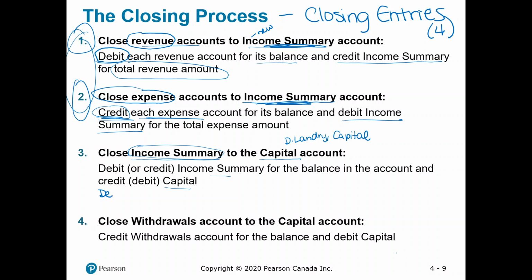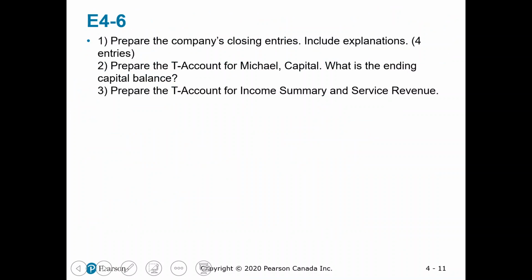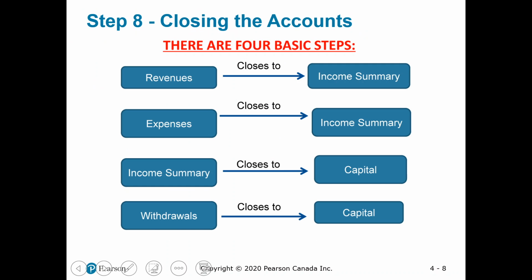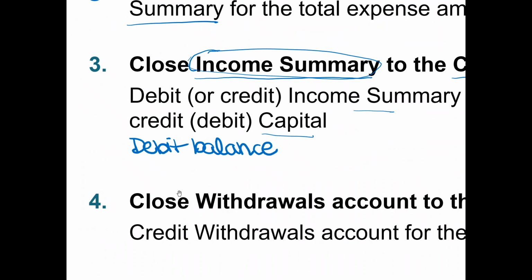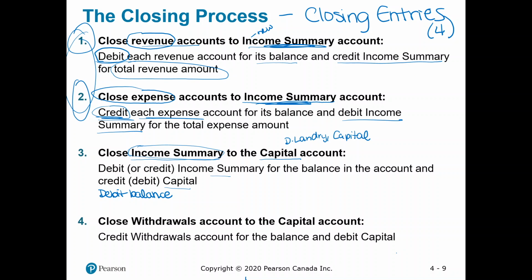So if there is a debit balance in the income summary after entry number 1 and 2, a debit balance, sorry guys, debit balance in income summary, and that's after you've posted number 1 and 2.